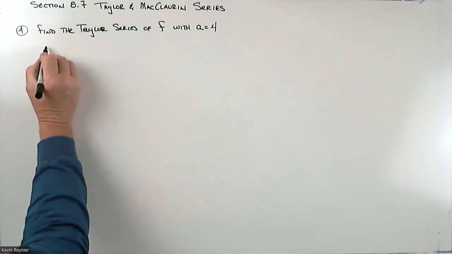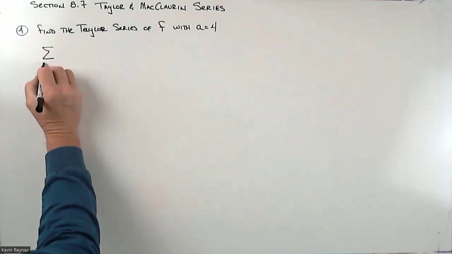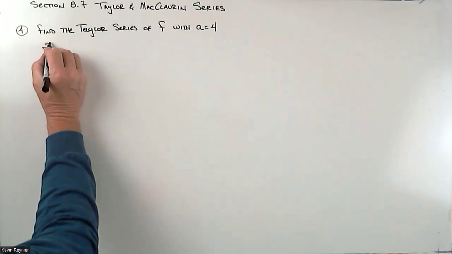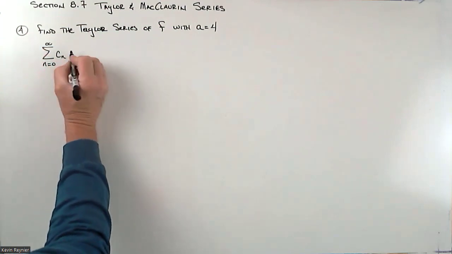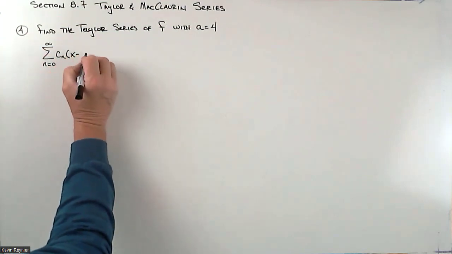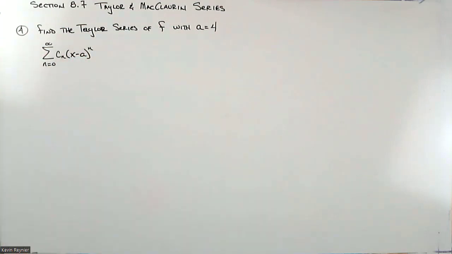Now our formula for the Taylor series is sigma n equals 0 to infinity. We have some coefficients, and we have x minus a to the nth power.